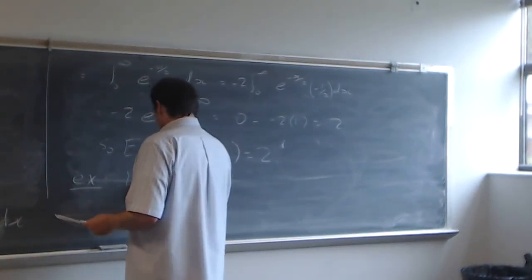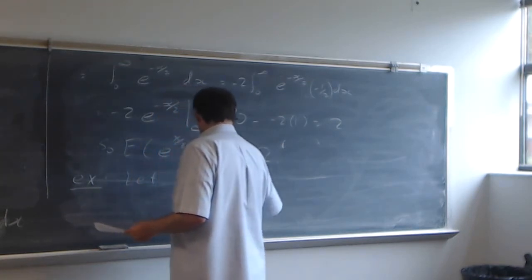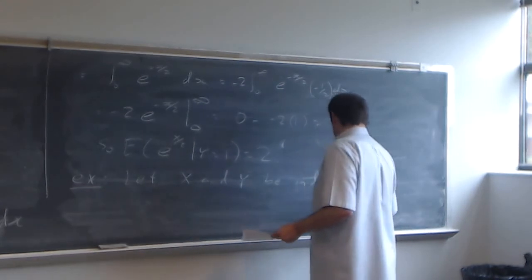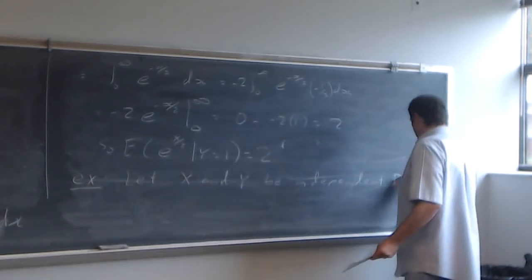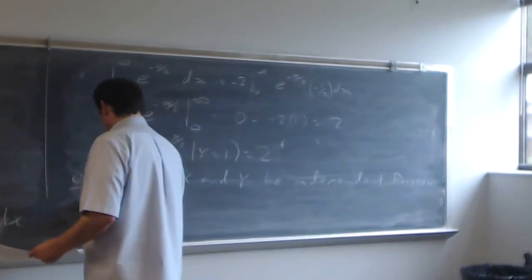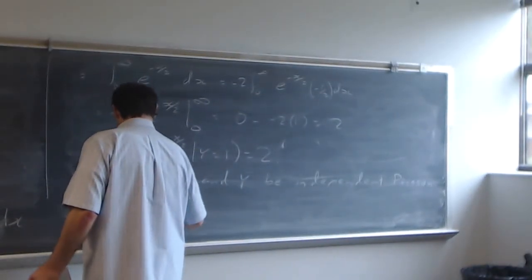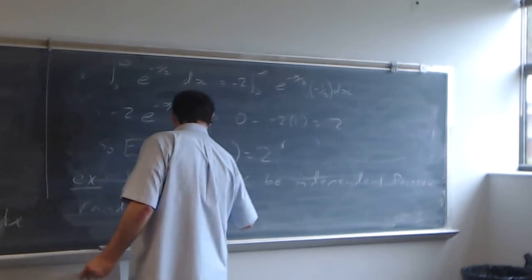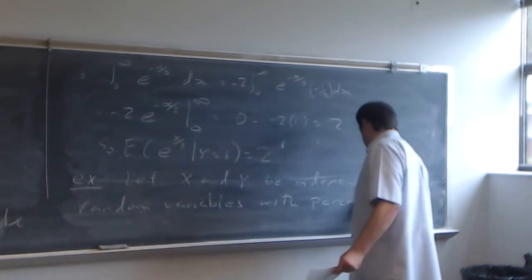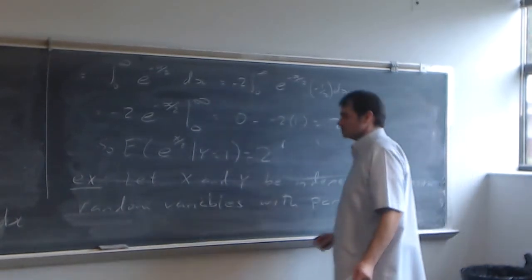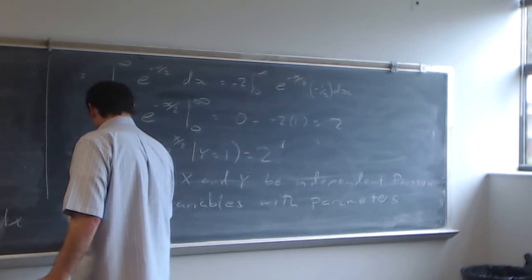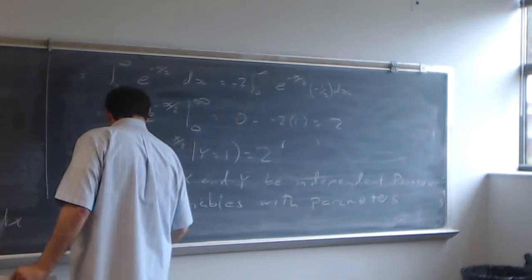It says let X and Y be independent Poisson random variables with parameters lambda sub 1 and lambda sub 2.